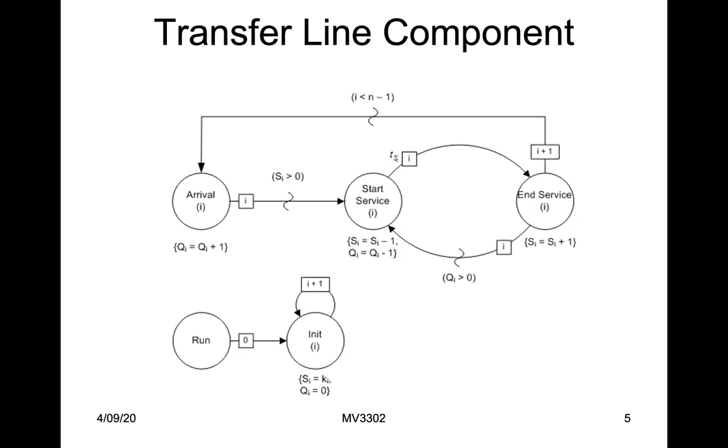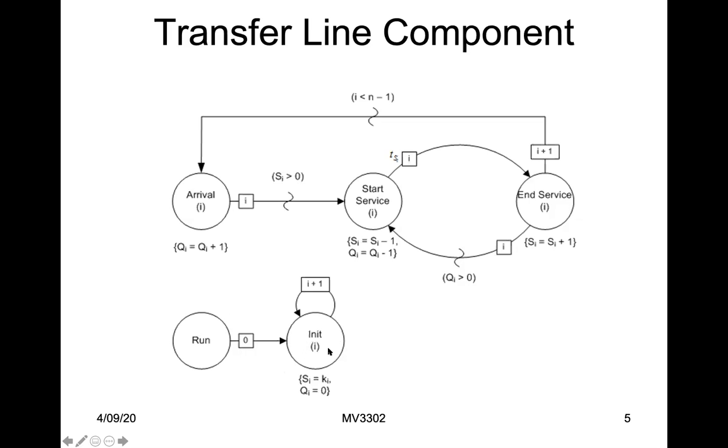There are basically two elements to this event graph component. One is the initialization, and again, here it's a little more clear that the run event is responsible for initializing the state variables. In this case, because the state variables are arrays, we have to initialize them one at a time. And we do that using this event graph version of a for loop.